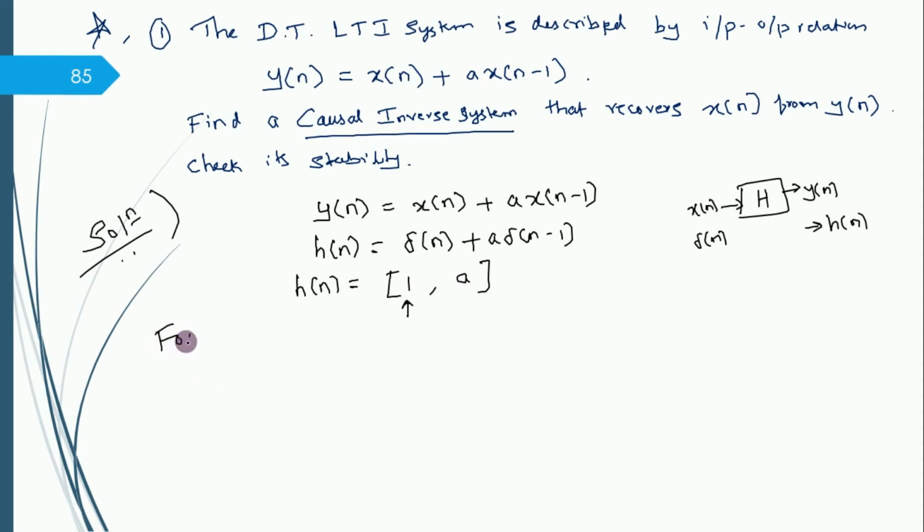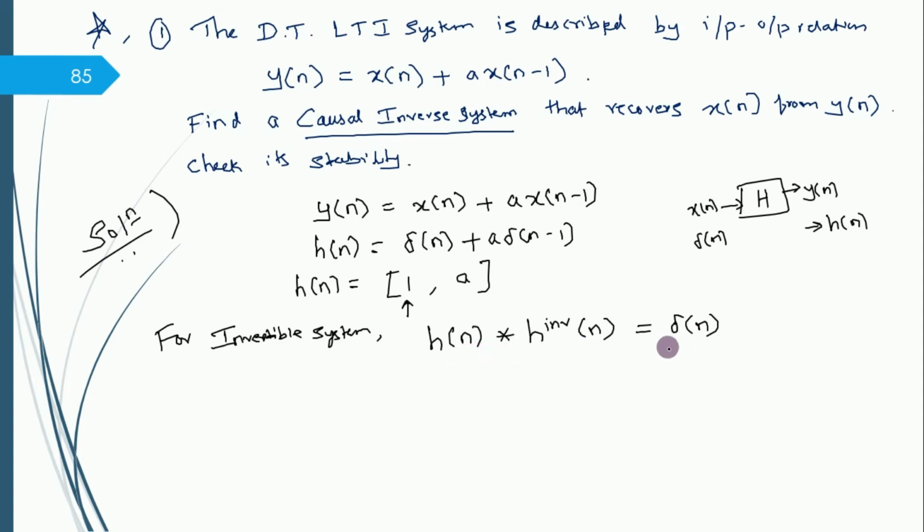For an invertible system, you know that h of n, when it is convolved with h inverse of n, should result in delta of n. This one I had highlighted in the earlier slides. H of n convolved with its inverse will result in delta of n.